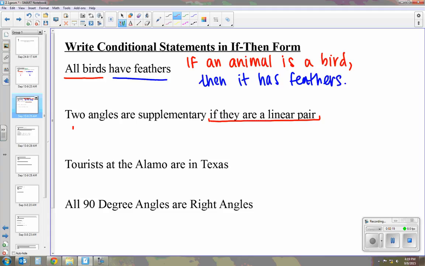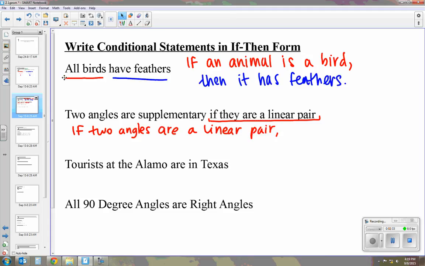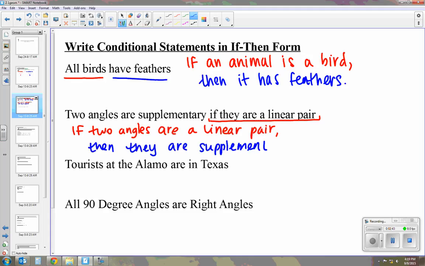So we can say, if two angles are a linear pair, then they are supplementary. Right, and that's a special case.